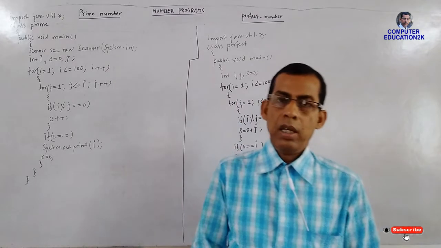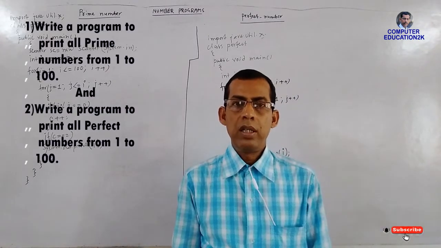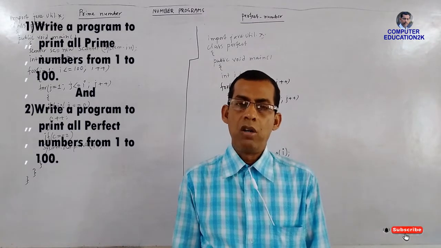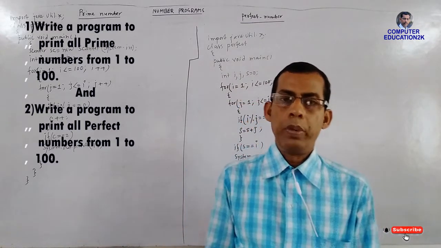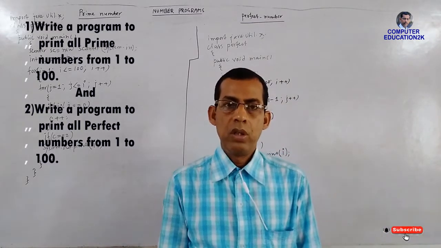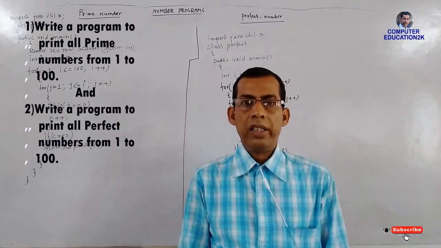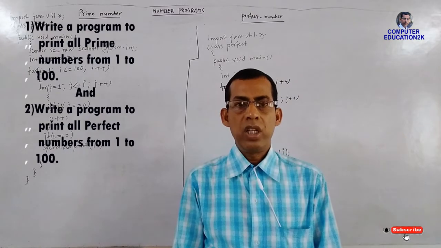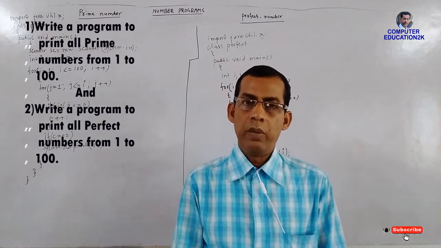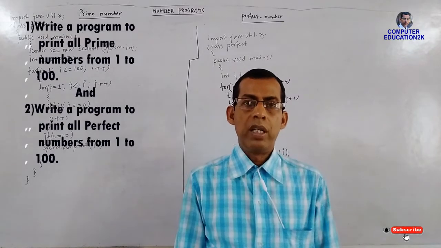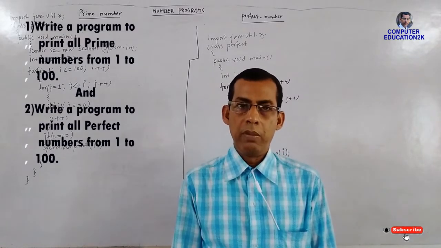So the question is, write a program to print the prime numbers from 1 to 100, or write a program to print all the perfect numbers from 1 to 100. I think you have done the program on checking prime number and perfect number. There you checked whether a number is a perfect number or prime number.